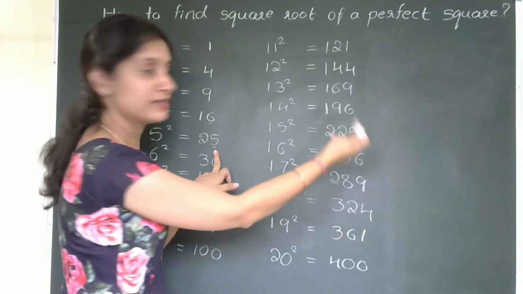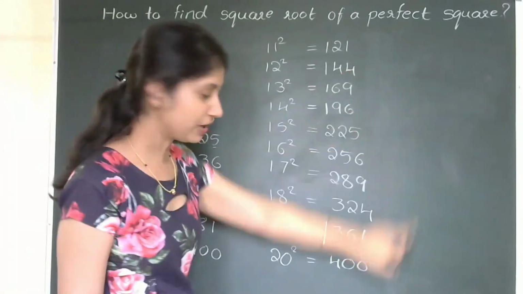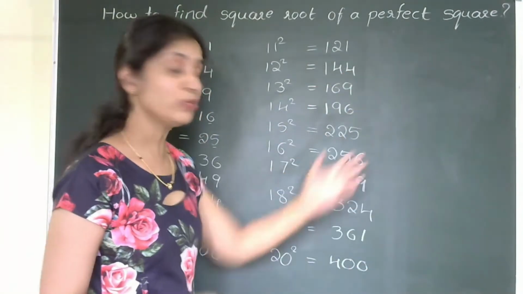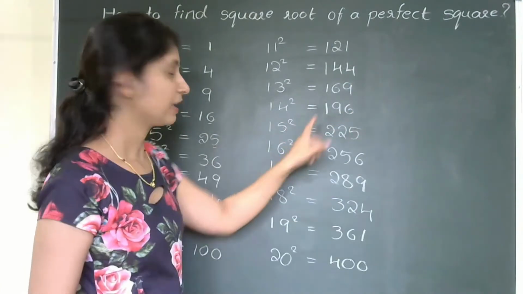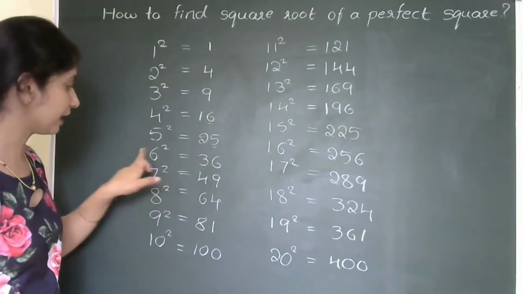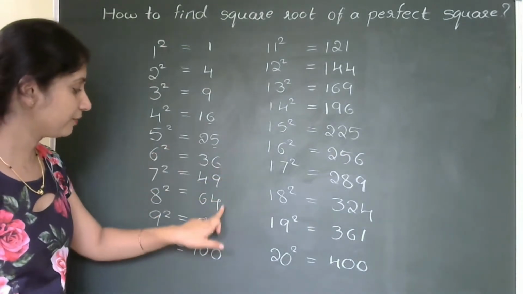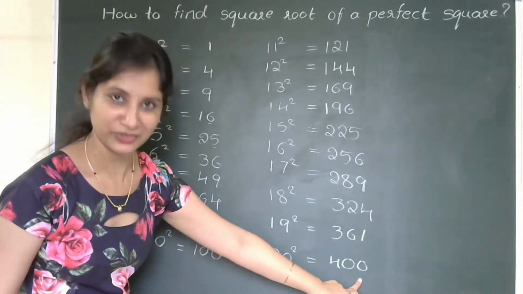Unit places are the same. If you take 11 to 20, I have taken here 21 to 30, 31 to 40. Whichever numbers you take, you will get the same unit places. Now I will start again with 6 square: 6, 9, 4, 1, 0.